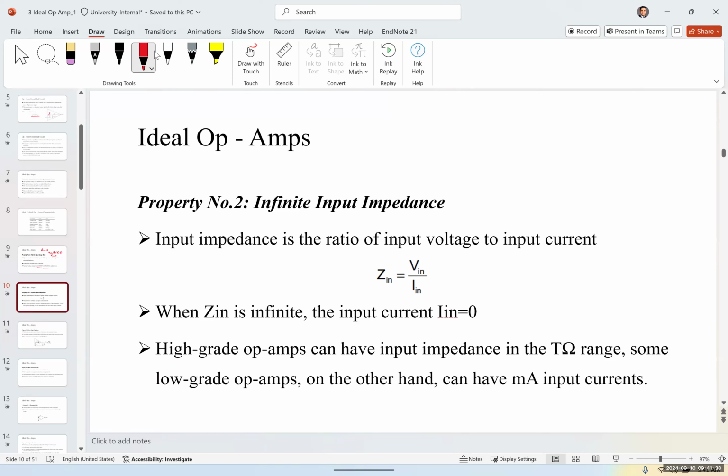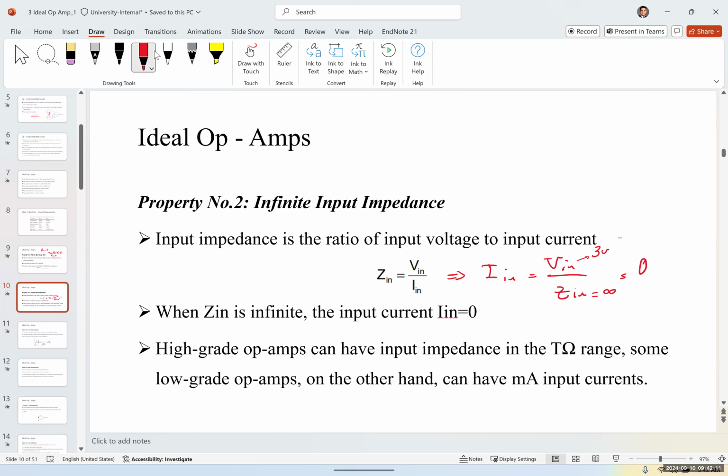So according to Ohm's law, we already know that V is equal to Ri, or Z is equal to V in over I n. So if I change this to find I n, it would be equal to V in over the input impedance, yes? So if the input impedance is infinite, what would I n be? And we have a constant voltage, like 3 volts or something like that.